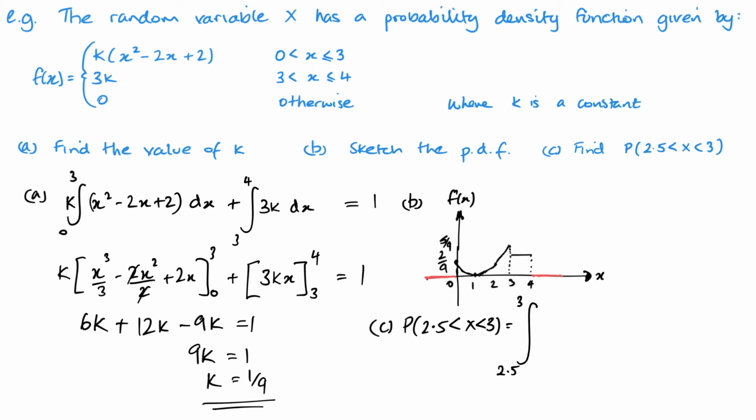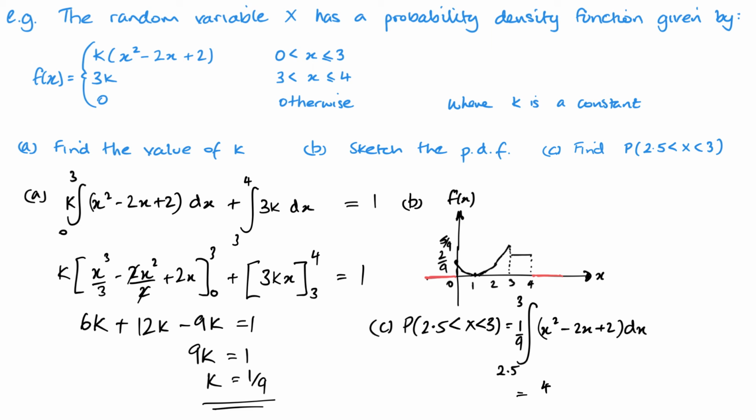We know we've got 1/9 as our value of k, and that's x squared minus 2x plus 2 dx. Now we've actually already integrated this over here, haven't we? So we can use this just to help us out and just jump. I'm going to just jump straight down here with the answer.